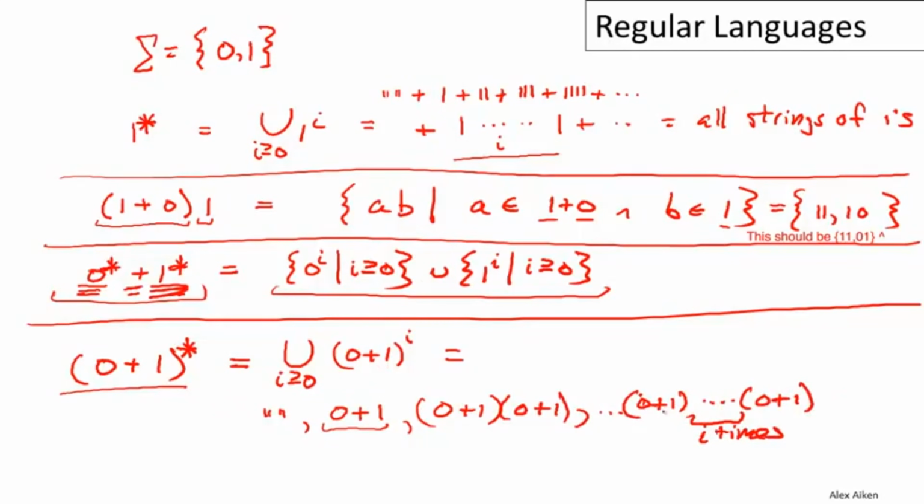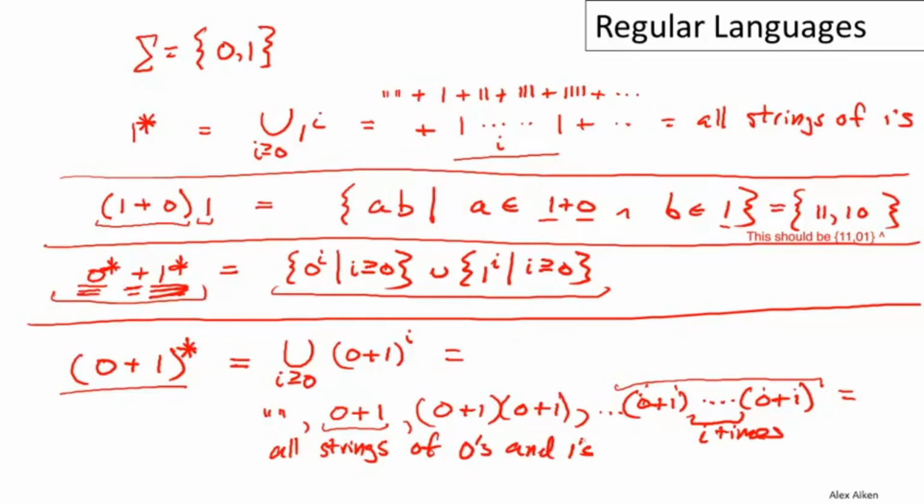Okay, well, what does that mean? That means that at every position, if we have a string of length i, at every position we can pick a 0 or a 1 to plug in. And this works for any length string. This is going to be true of strings of every length. And so, in fact, this language is just going to be all strings of zeros and ones.